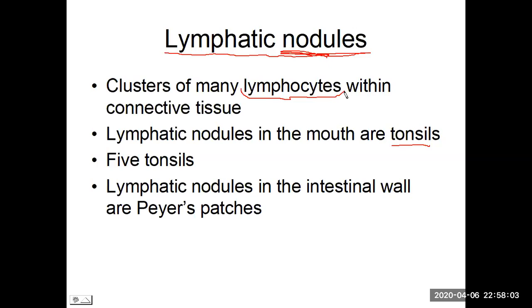So we already discussed T cells, B cells, natural killer cells, even other types of leukocytes. They're now clustered together within some organ. And just a simple example, our tonsils, these are just clusters of lymphocytes embedded in the area of our pharynx, the area of our throat.